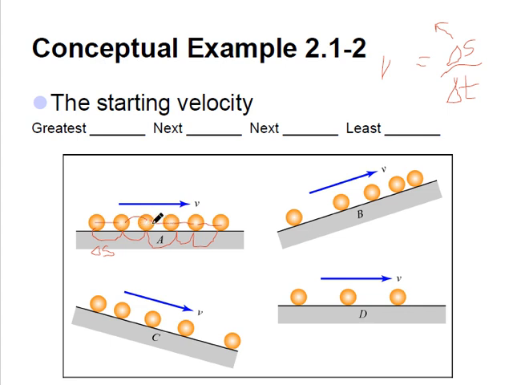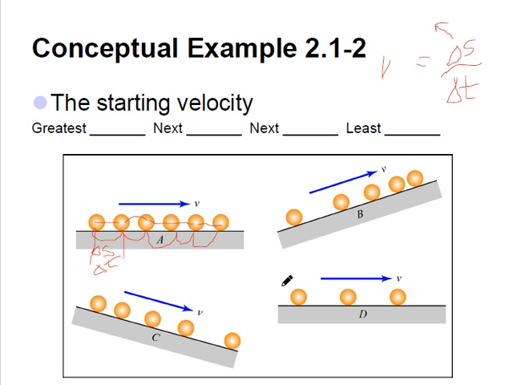The position change is the same, and the time is the same too. From here to here, that's your delta t, and from there to there also delta t. So all that delta s divided by delta t is about the same.